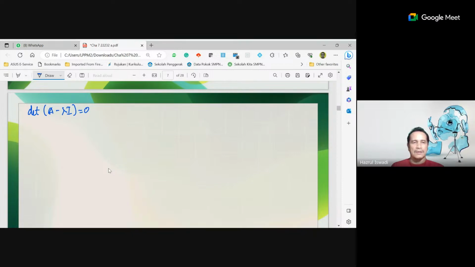So we make A minus lambda I. A minus lambda I will be A itself.